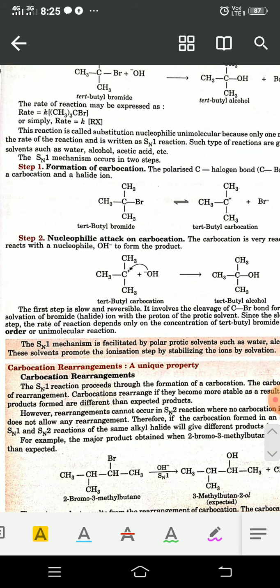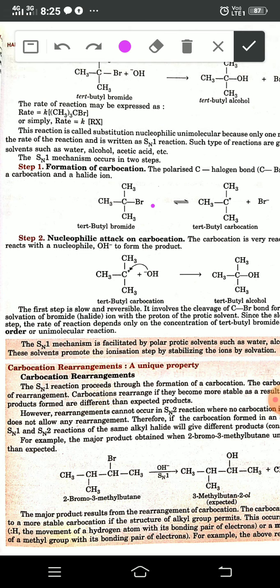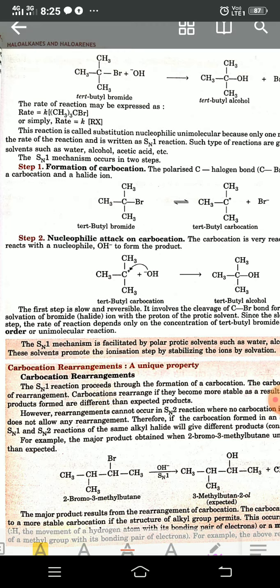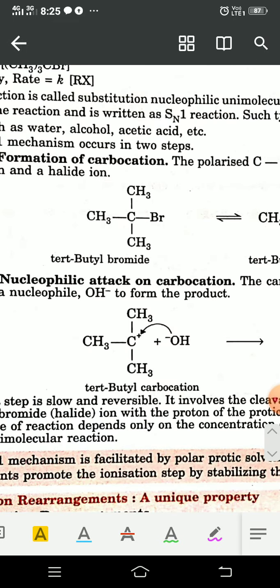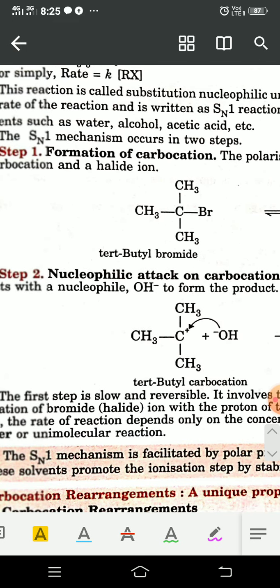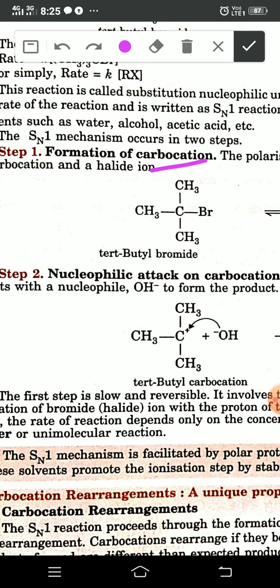SN1 reaction. What happens? This is the leaving group. Here in this case formation of carbocation takes place first. In the first step, what is written here? Formation of carbocation. See here.